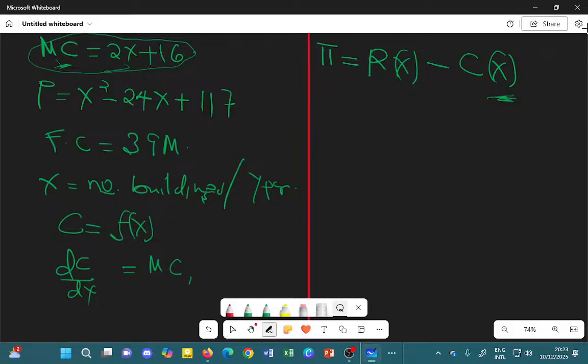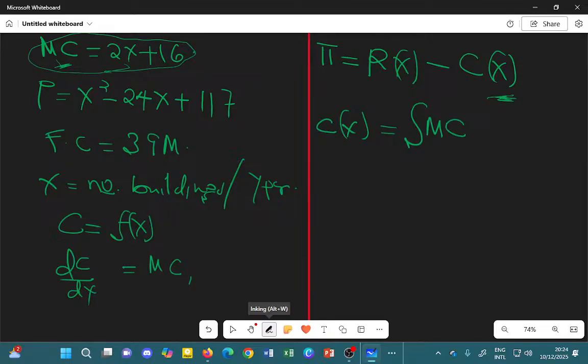So I'm saying the cost function will then be given by the integral of the marginal cost function with respect to quantity.